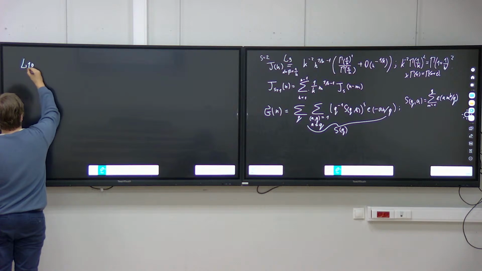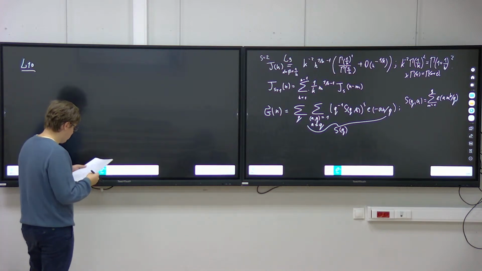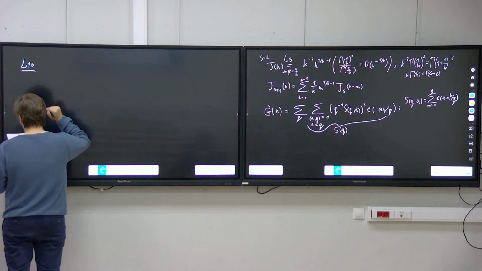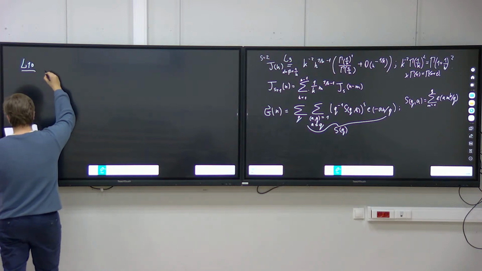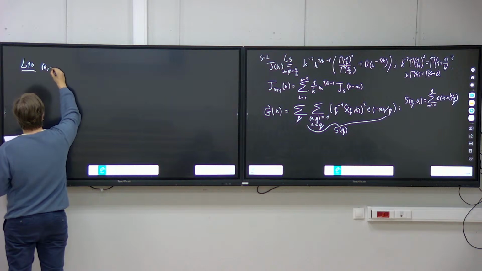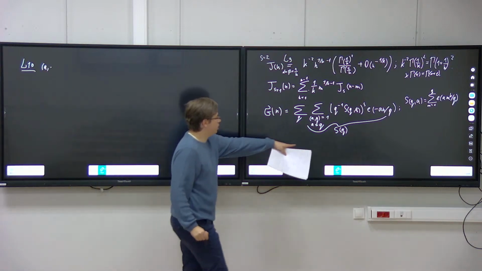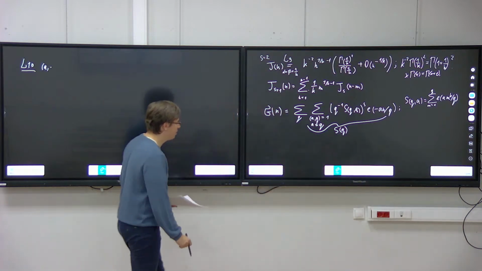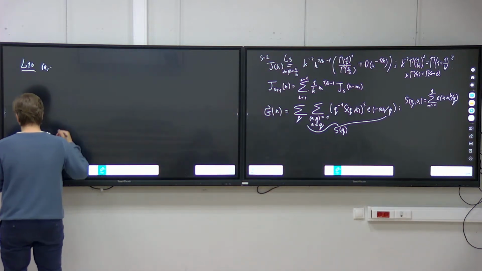Lemma 10. Yes, lemma 10 says what I want to prove: that S of Q is a multiplicative function.